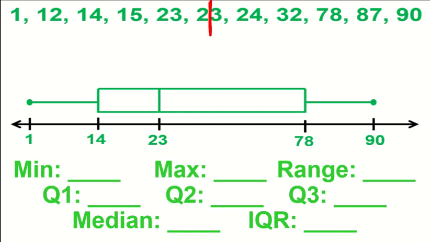That's 23. We can see either side of the 23, we got 5 numbers, right? It cut it in half. My median is the middle here. That's 23. So median's 23. Like I said, that's also sometimes called the second quartile.